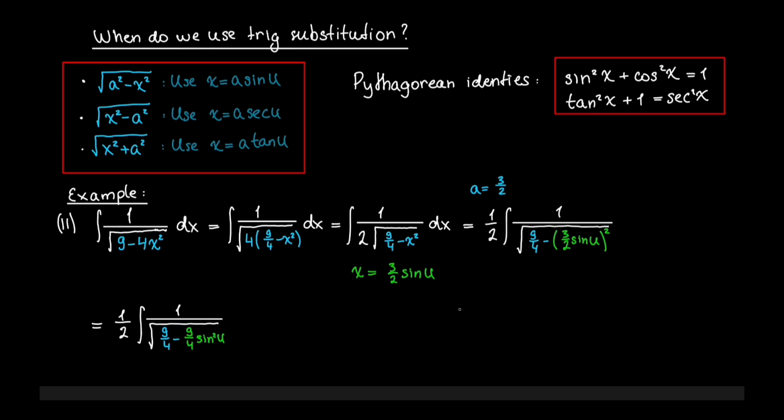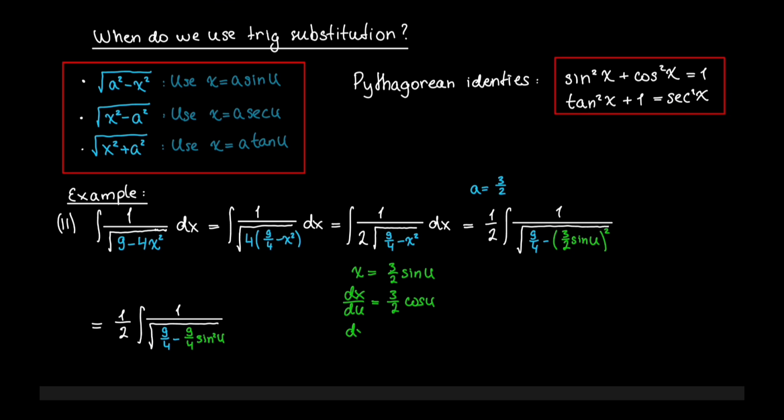However, here we encounter a problem because, as you can see, we don't have the dx, or in another case, the du. So the question is, where did it go? We need to differentiate our substitution right here. Only this time, it's not going to be du dx, it's actually going to be dx du. And this is going to be 3 over 2 cosine of u.